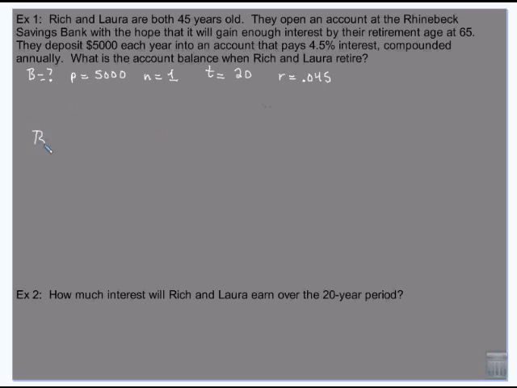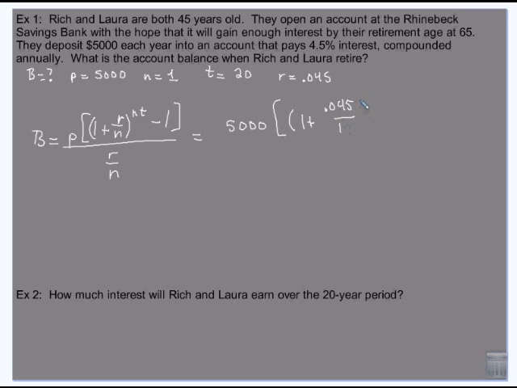So I'm going to take my formula and plug in all these numbers. So I have 5,000 times 1 plus 0.045 divided by 1, to the 1 times 20, minus 1, over 0.045 divided by 1.